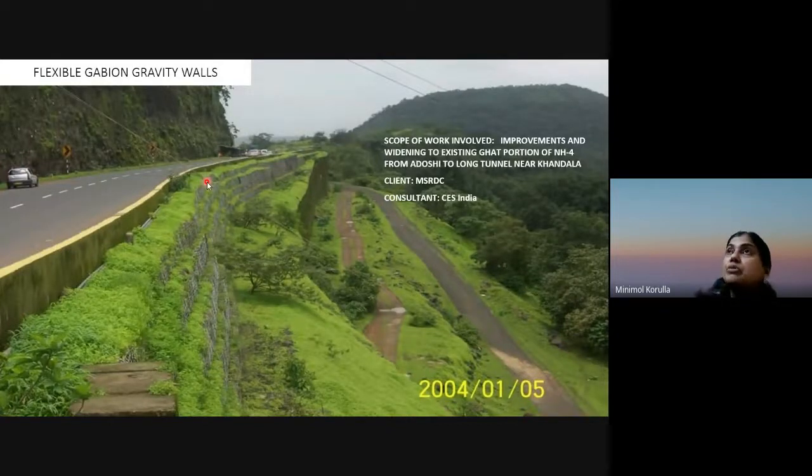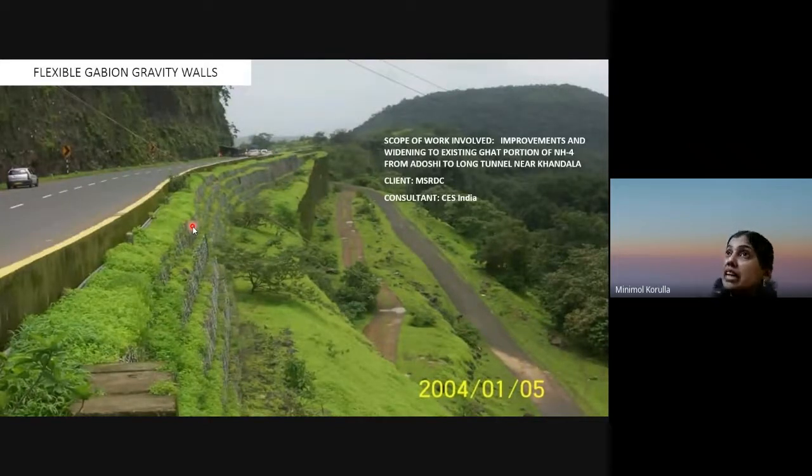The advantage was that here a lot of tunnels had to be made, so they had to do a lot of excavation for the tunnels. The rocks which came from the tunnels were used to fill the gabion boxes. So instead of the tunnel muck going as waste, it is being used in the construction of the gabion wall.